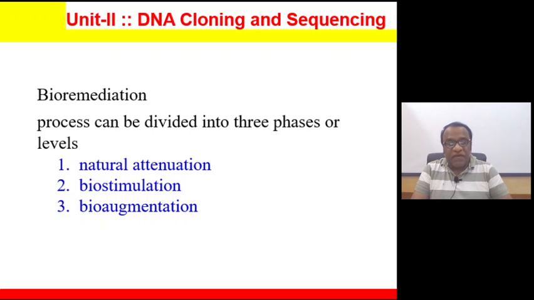Number two, the second one, biostimulation. Biostimulation is employed where nutrients and oxygen are applied to the systems to improve their effectiveness and to accelerate the process of biodegradation. Right. So bioremediation can happen in three different phases. The first phase is natural attenuation, nothing to do with human activity. It is all about the reduction of the contaminants by native microorganisms.